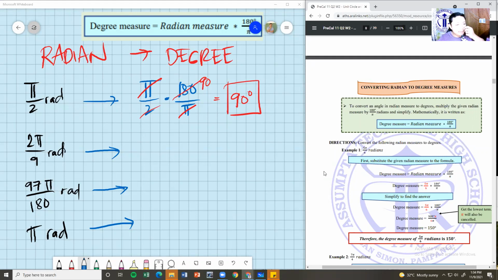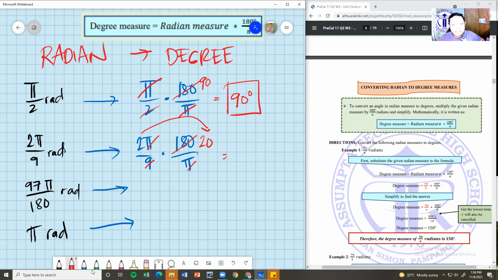Okay, let's now continue. So, let's just copy the radian measure. That's 2 pi over 9 multiplied by 180 over pi. Okay, cancel the pi. And then 9 divided by 180, that's 20. So 2 times 20, that becomes 40 degrees.